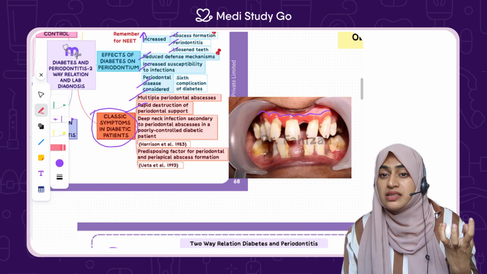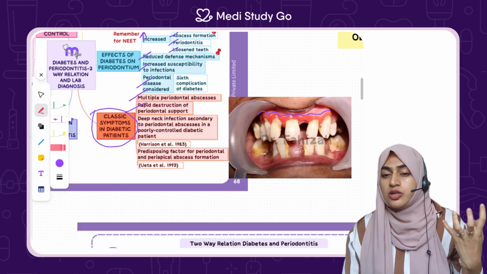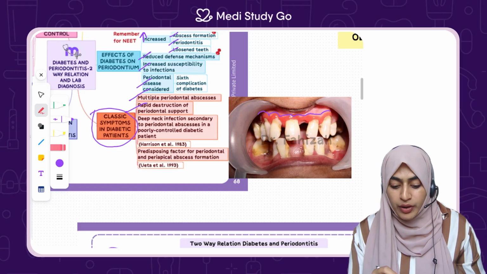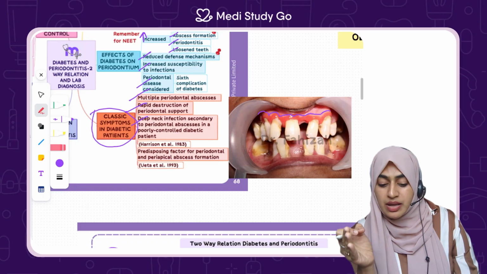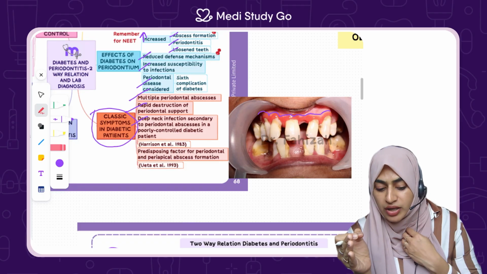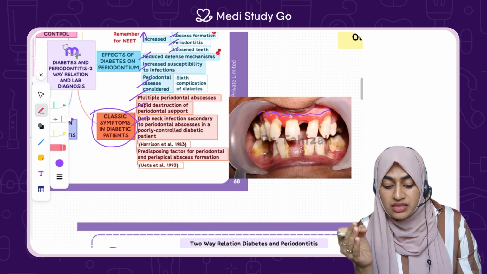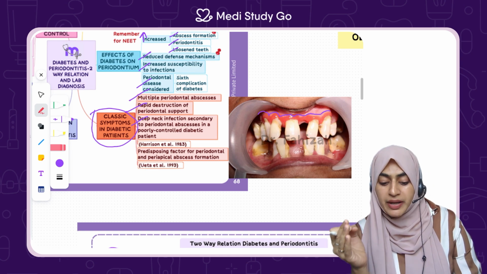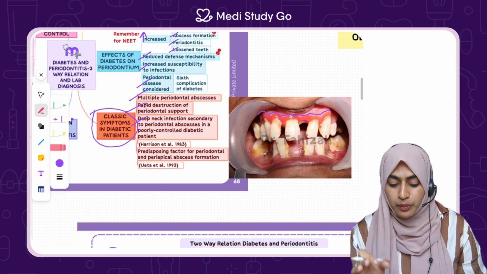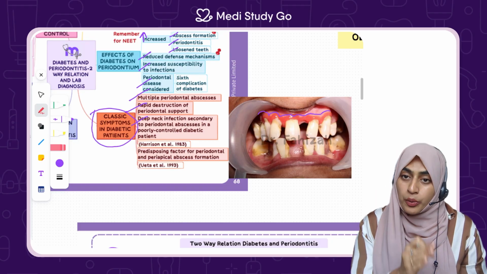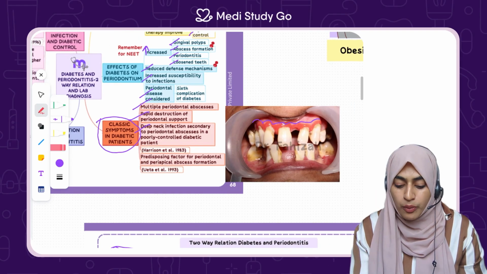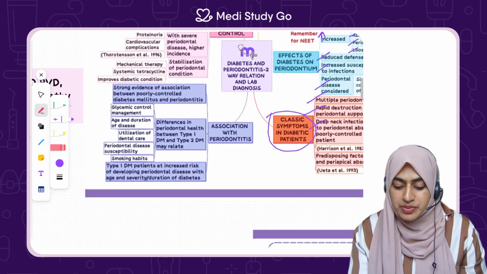Even the bone formed is a very weak bone, and it is not as strong as a healthy bone. Okay, then that can lead to deep infection and secondary periodontal abscess in poorly controlled diabetic patients, and a predisposing factor for periodontal and periapical abscess formation as well. It includes not only periodontal abscess, but can also form the periapical abscess as well.